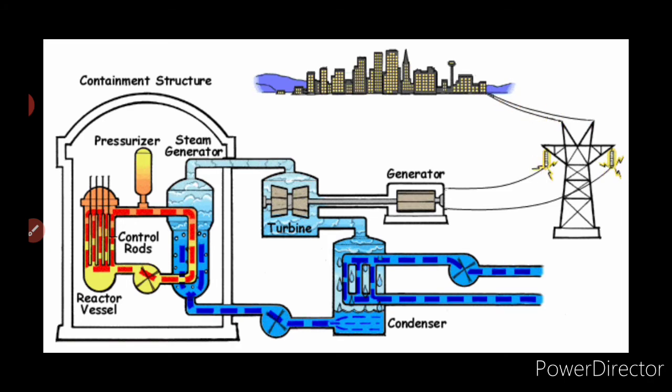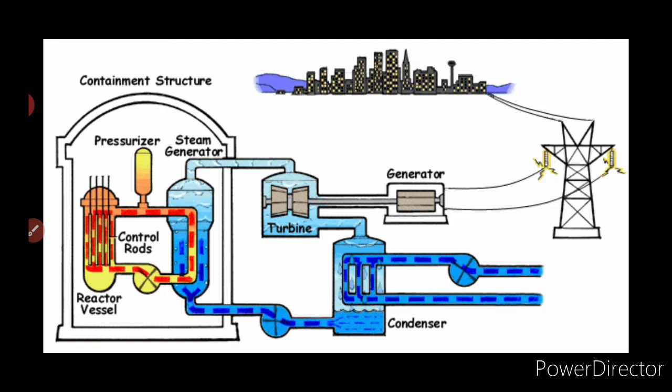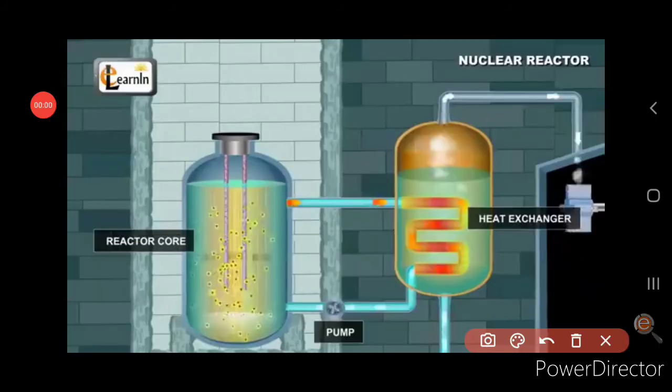Now this nuclear reactor is helpful in the generation of electricity. That is, the nuclear fission reaction is used in a constructive way. Now let's see the parts one by one. The nuclear reactor consists of 3 major components. One is the reactor core and the pump. The next one is the heat exchanger, right?